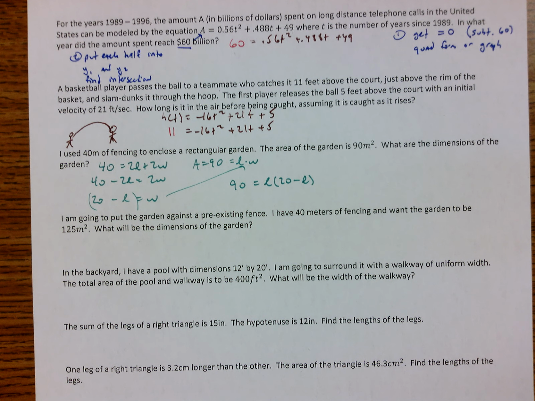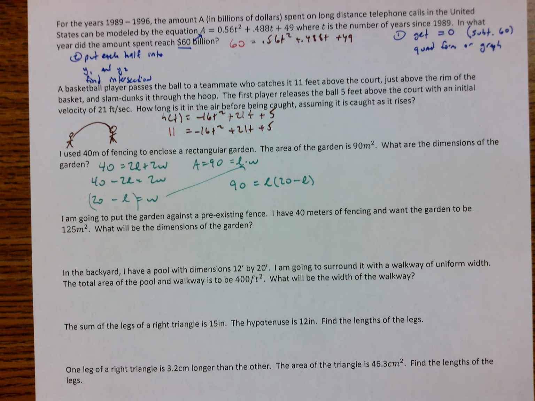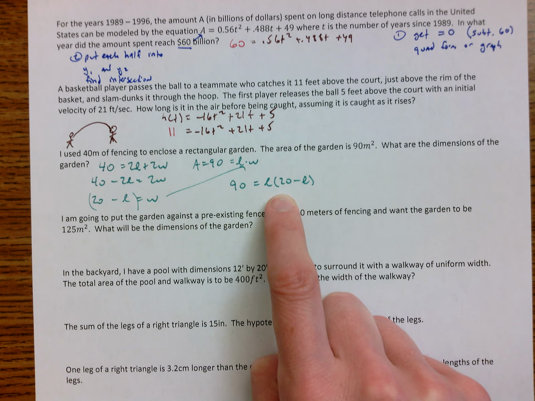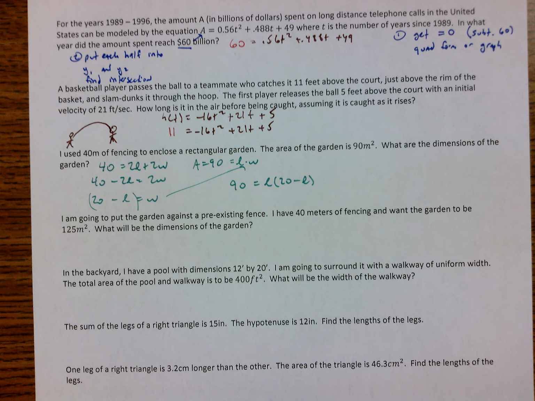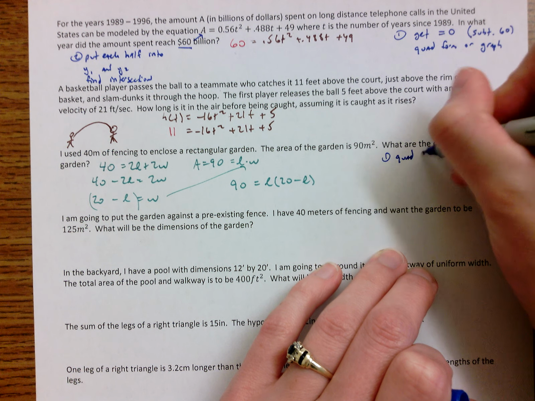All right, and now we've got that set up, and this is where you have some extra options for how you wanted to solve this one. This would be a good one that you could simplify and then try to either factor or complete the square nicely, because we're going to have a 20 for my B term. You could graph it. You've got a whole bunch of different options. The quadratic formula will always work.